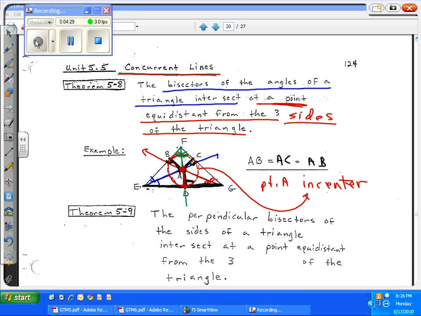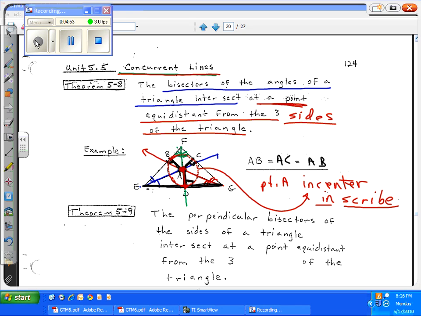It is inscribed. Therefore, we call the center of it the incenter.